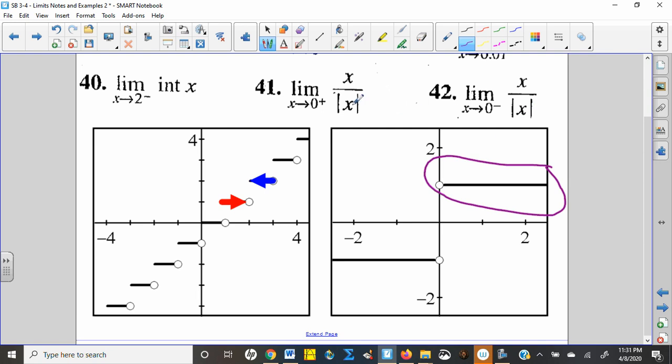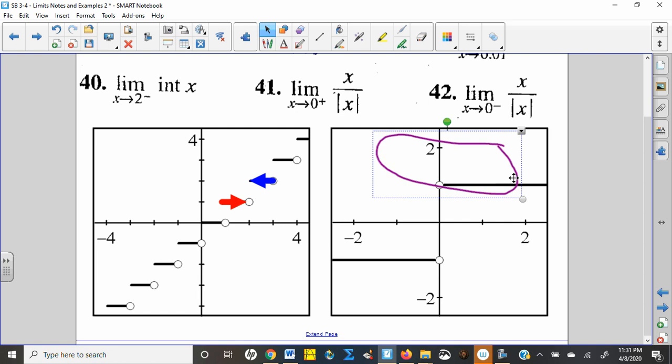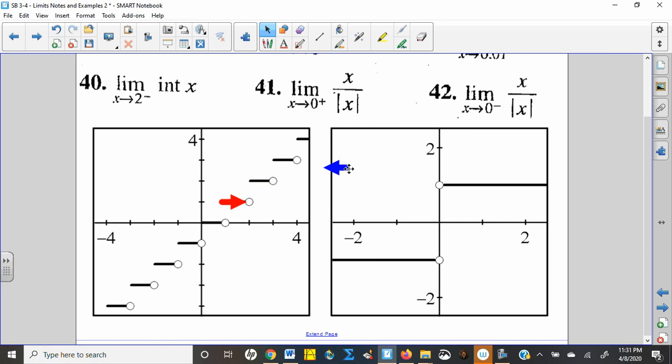However, if we're over here instead, negative numbers, the top stays negative, but the bottom turns positive, and I'm dividing a negative by a positive, and so I get a negative 1 instead. And of course, at 0, we can't have any values because 0 divided by 0 is undefined, technically indeterminate.